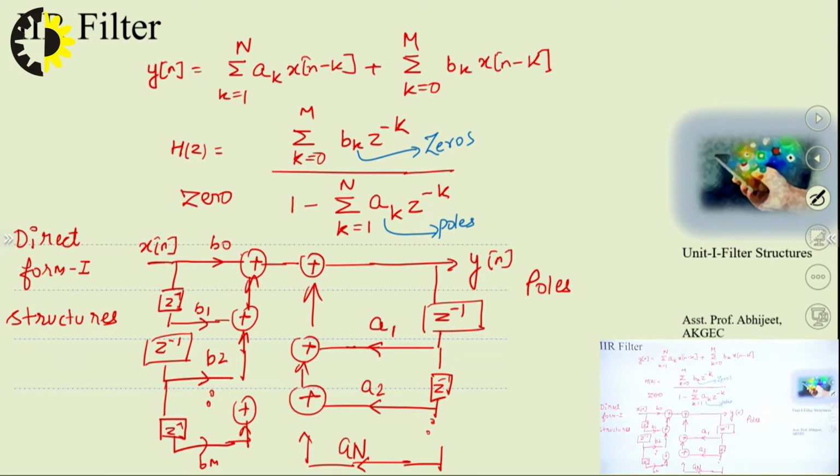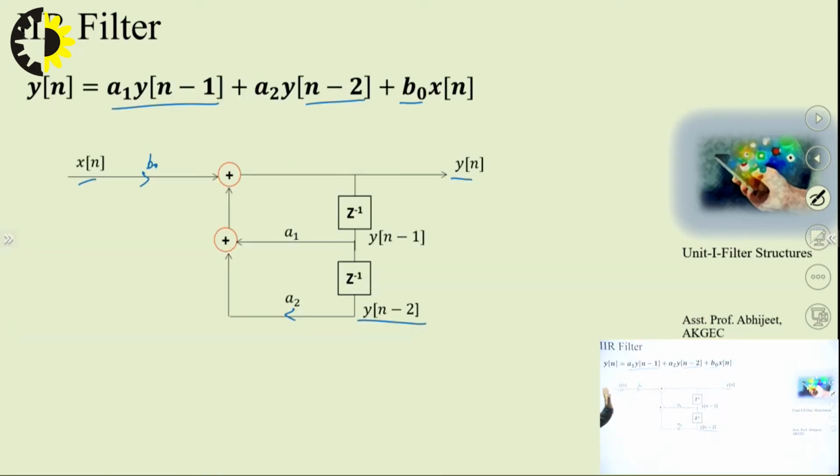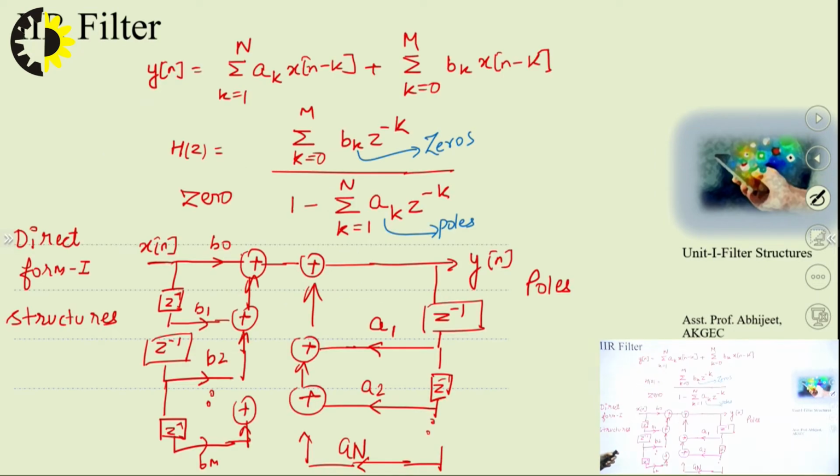As per the previous slide, if there was x of n minus 1, then we take z inverse of this. You can represent z inverse here and here both. So, we will have x of n here, b naught times it, and an addition, and at this location I will have x of n minus 1 because there is a delay element.